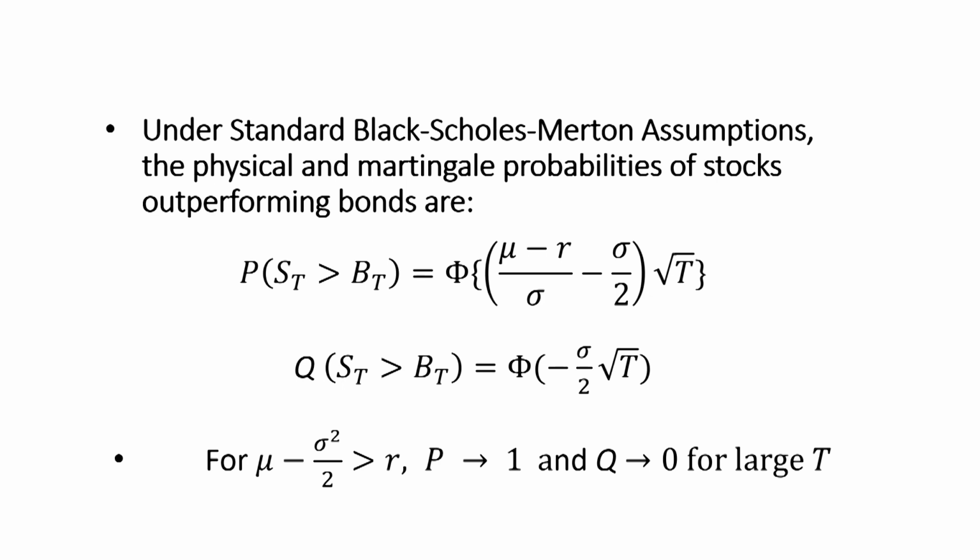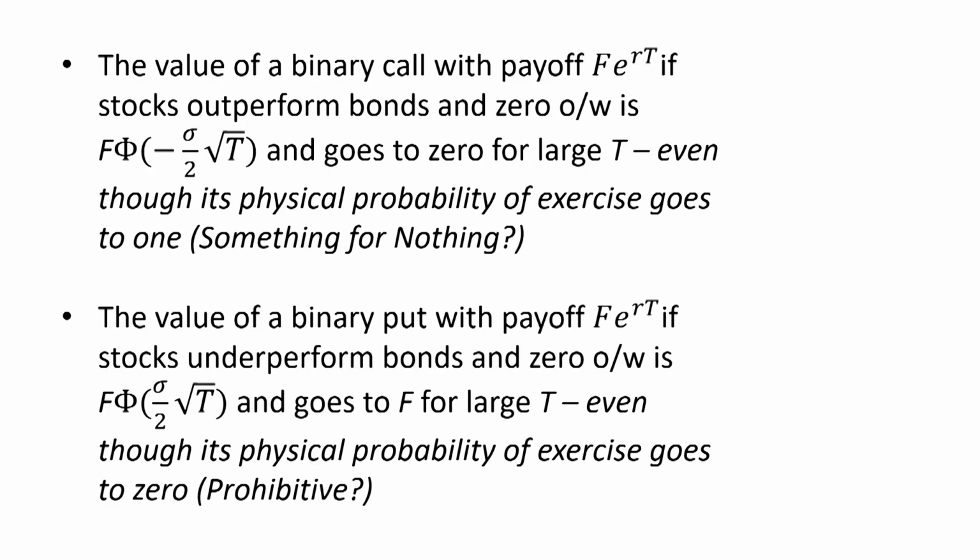So what does this mean for options? What it means for options is that I can sell you something for 0 that will make $1 billion for you. And I can sell you something for $1 billion that will make 0 for you with probability 1.